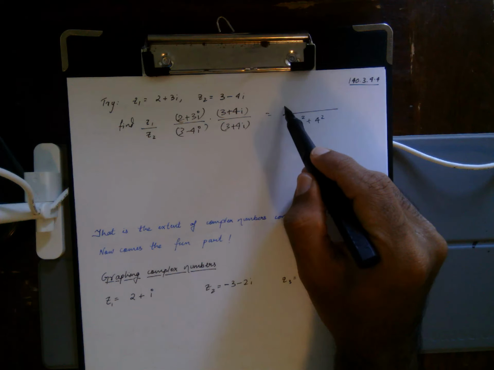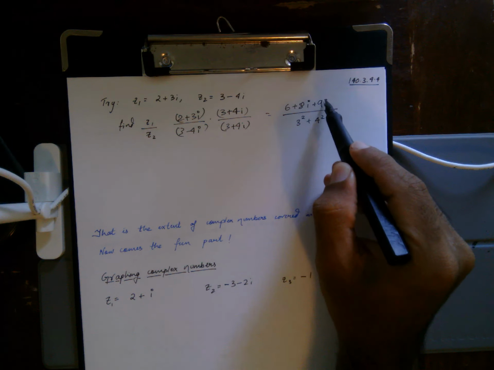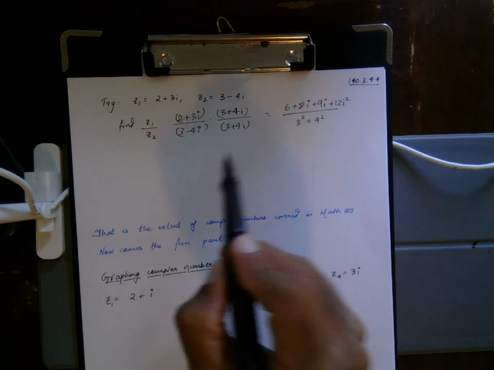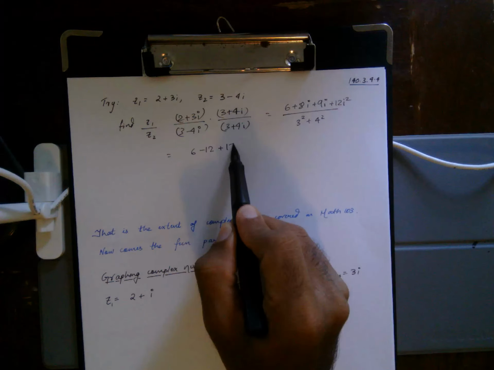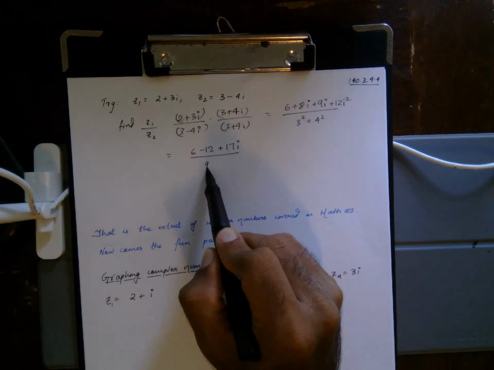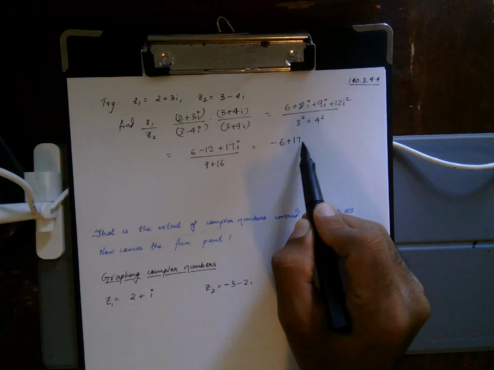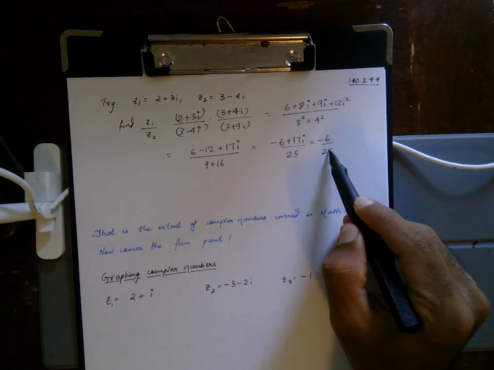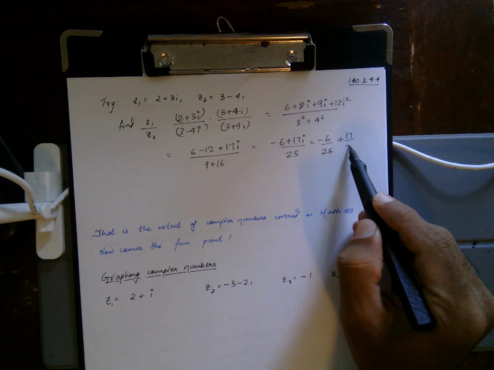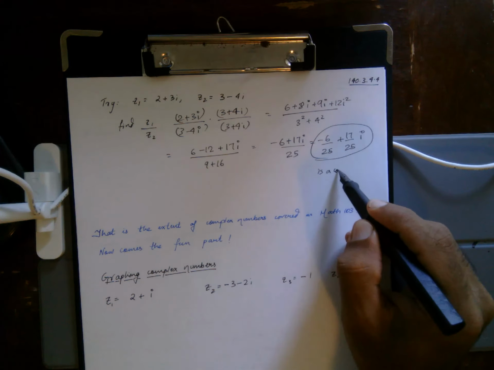Distributing, 2 times 3 is 6 plus 8i plus 9i plus 12i squared. That is 6 minus 12 plus 17i over 9 plus 16, negative 6 plus 17i over 25, negative 6 over 25 plus 17 over 25i, which is a complex number.